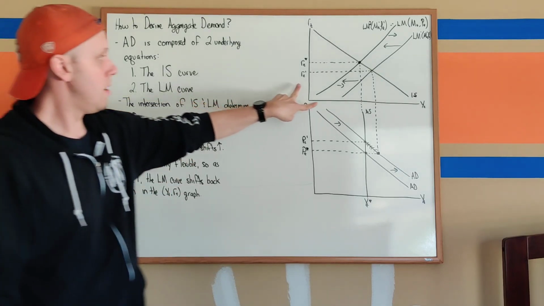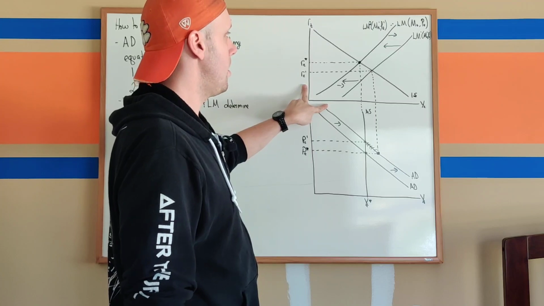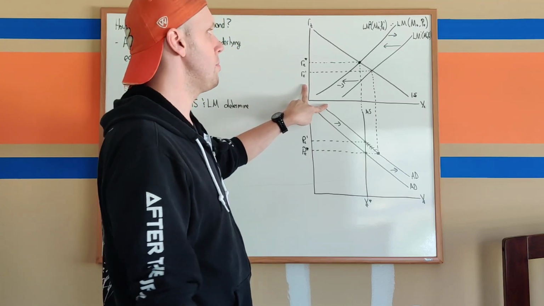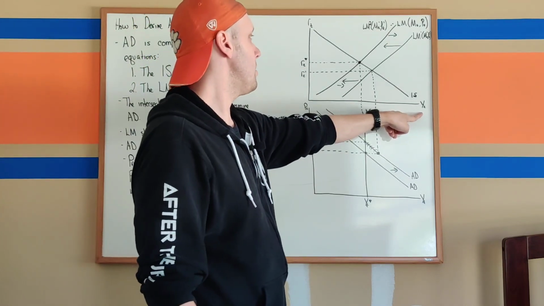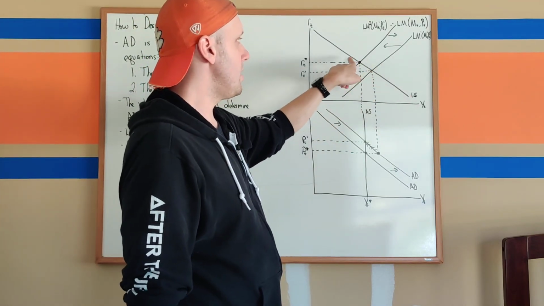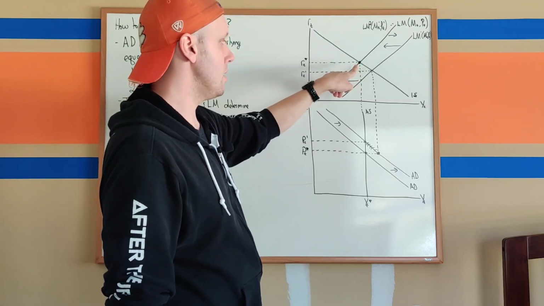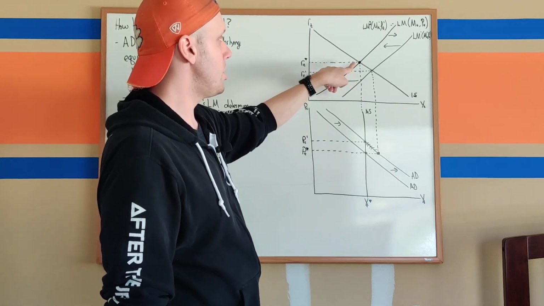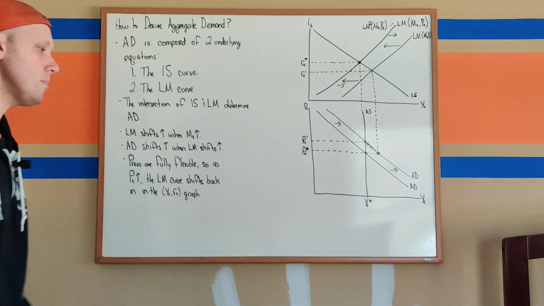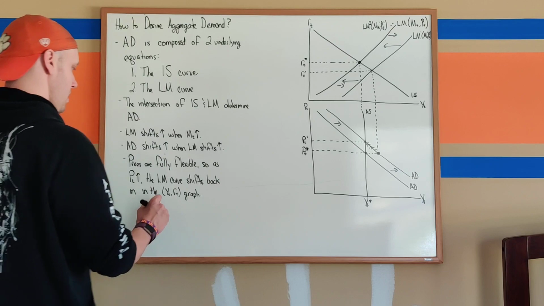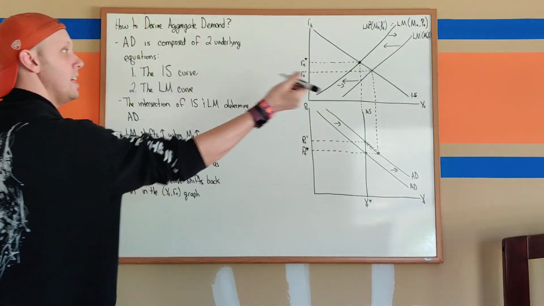So if a variable that's causing the shift, or if a better way to put it, if a variable is moving and it is not labeled on either of these axes, then you're going to see a shift. Now, if the variable is moving and it is labeled on this axis, you won't see a shift, you'll just move to a new point on the existing curve. So the LM curve shifts back in because there's no price, there's no price. It shifts back in.